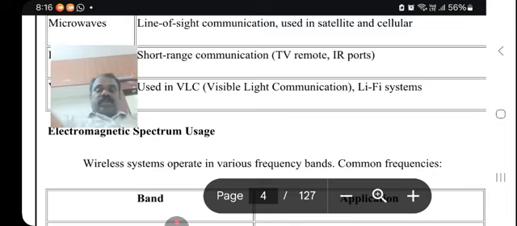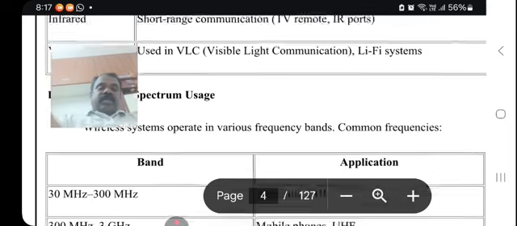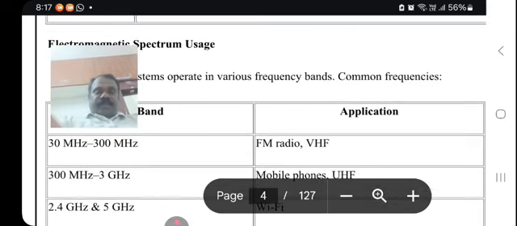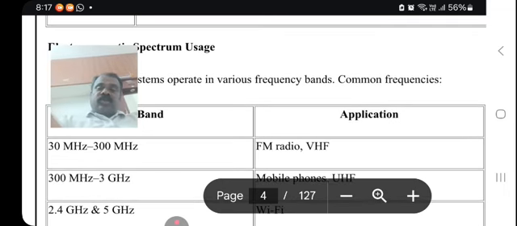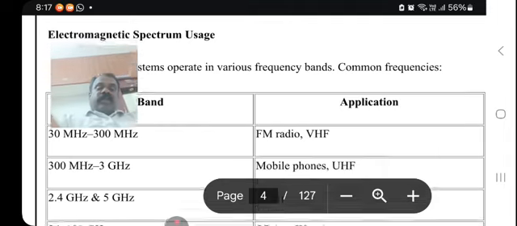Wireless systems operate in various frequency bands. The common frequency bands: 30 megahertz to 300 megahertz, whose main application is FM radio.